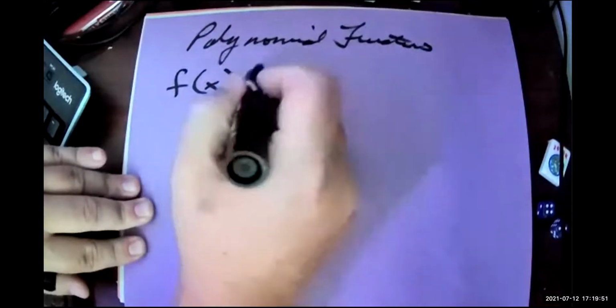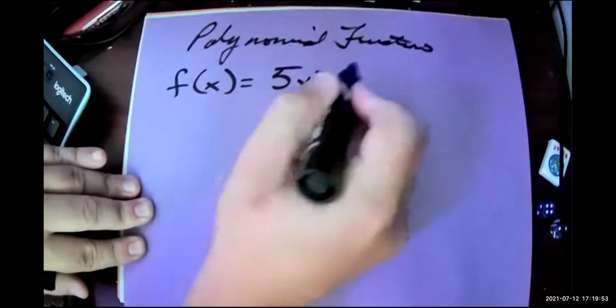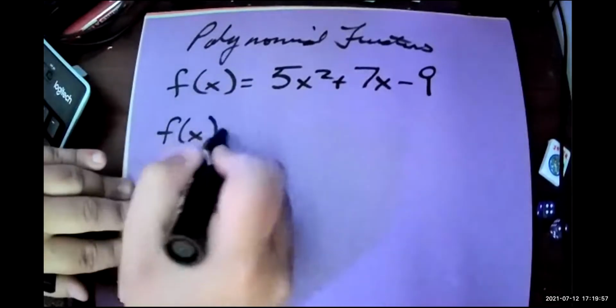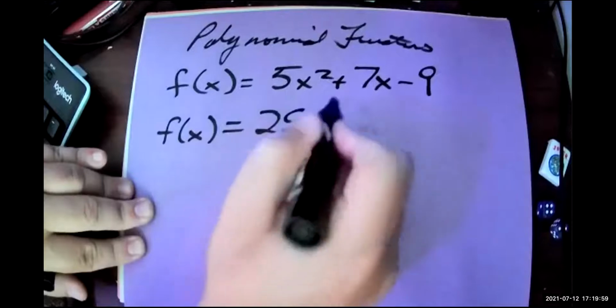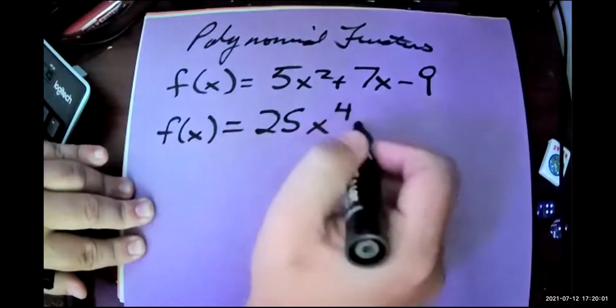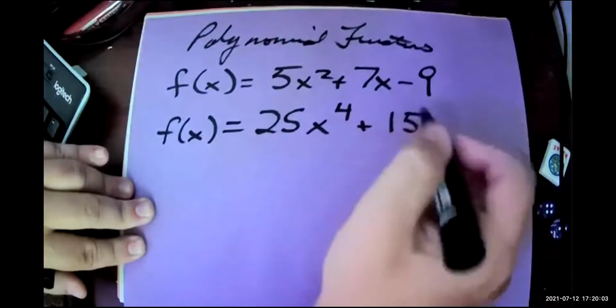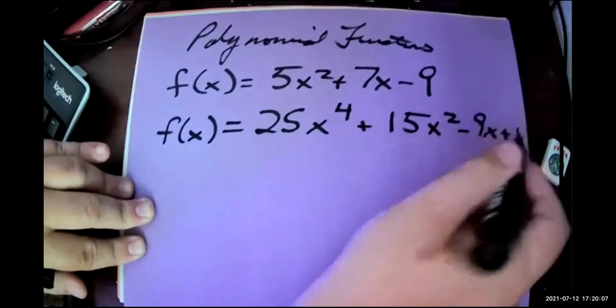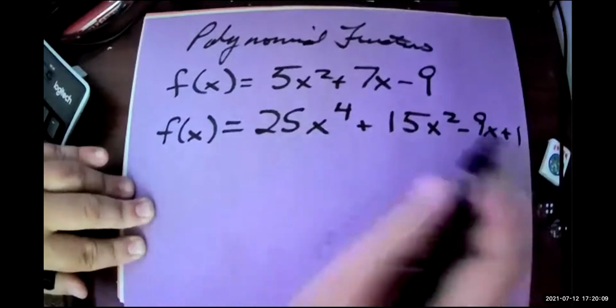A very basic one would be 5x squared plus 7x minus 9. If you want to go a little crazy, you could have 25x to the fourth plus 15x squared minus 9x plus 1, but they're like a list, like you see here.